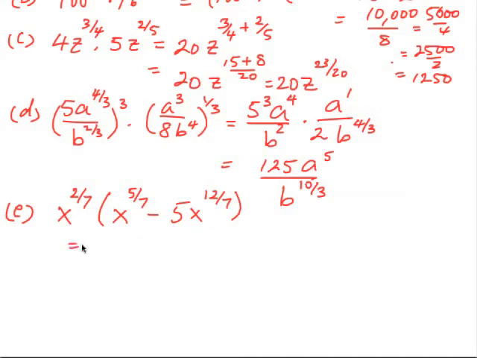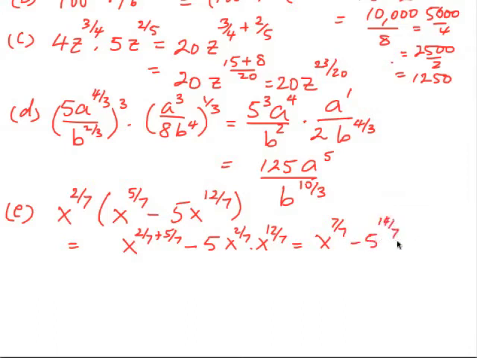Now here we distribute, so this would be x to the 2/7 plus 5/7 minus 5x to the 2/7 times x to the 12/7. So I end up with x to the 7 on 7 minus 5x to the 14 on 7, which of course is equal to x to the 1 minus 5x squared.